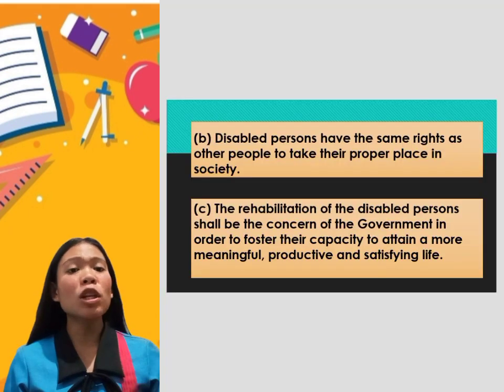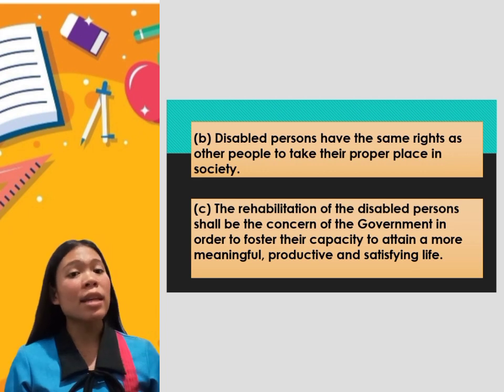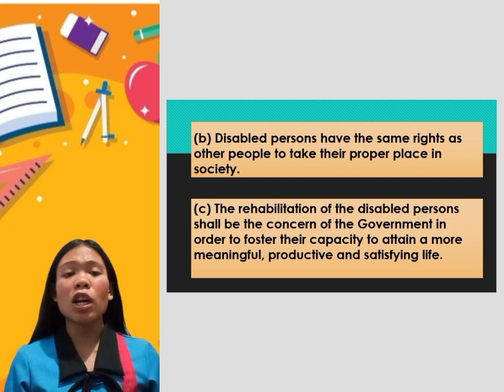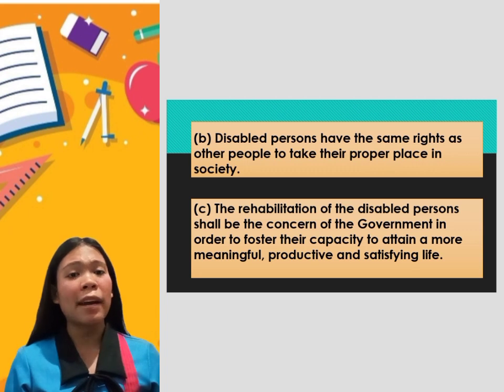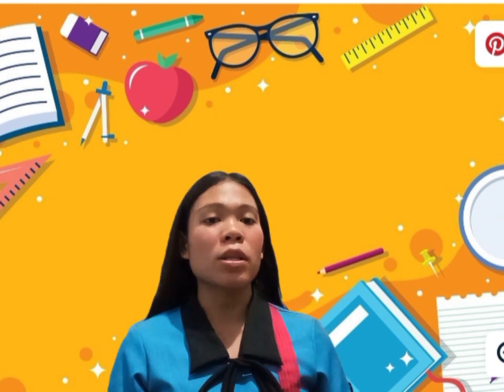B. Disabled persons have the same rights as other people to take their proper place in society. C. The rehabilitation of the disabled persons shall be the concern of the government in order to foster their capacity to attain a more meaningful, productive, and satisfying life. Alright, so those are some important principles for disabled persons.